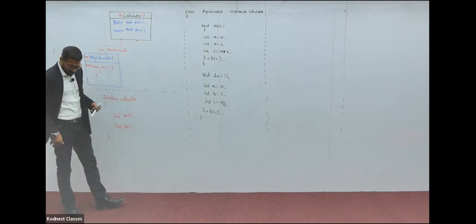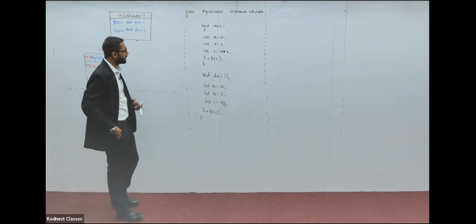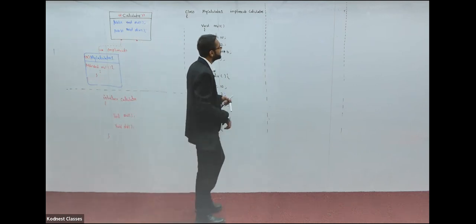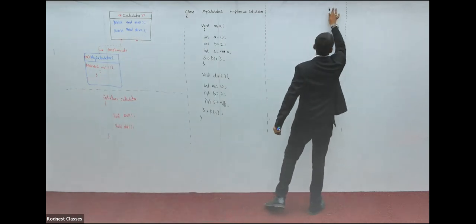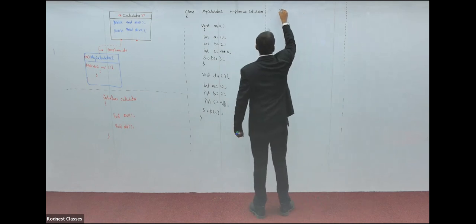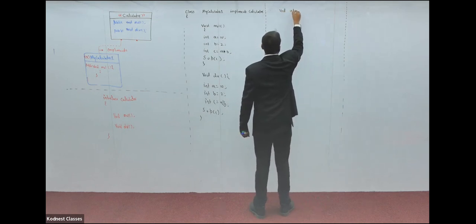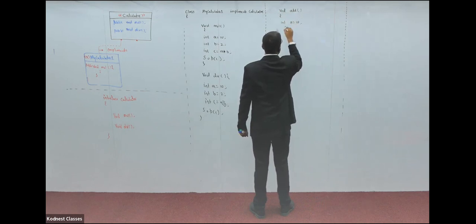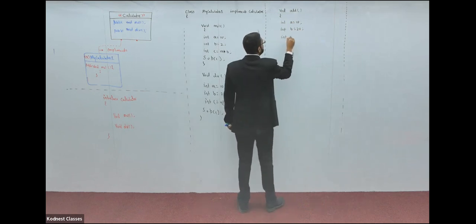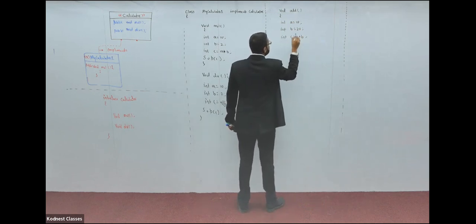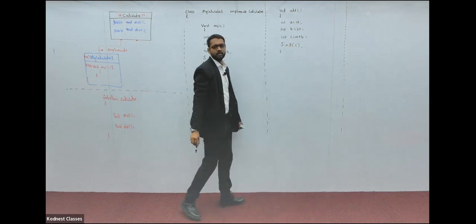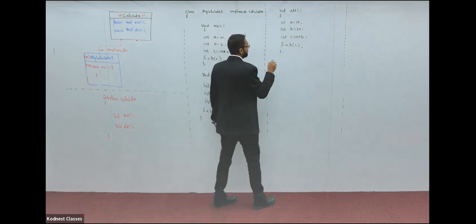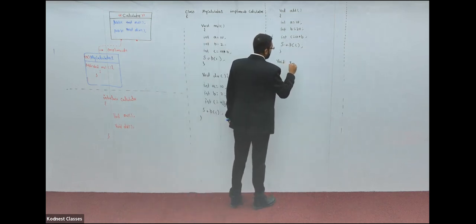Not only that, say I will have one more method in the same class like this. This is that method called void add. Int a equals 10, int b equals 20, int c equals a plus b, system dot out dot println c. One more method I would have, void sub.